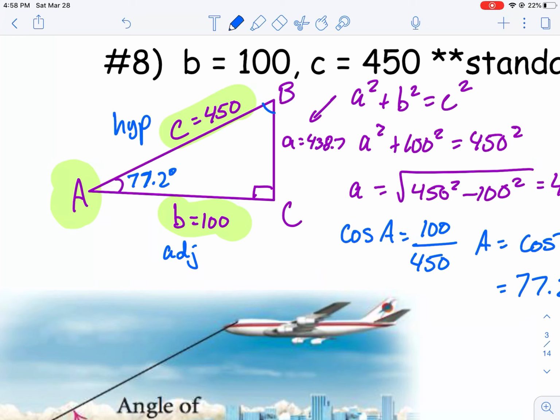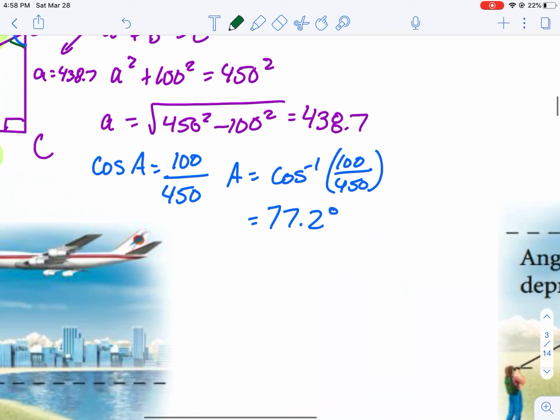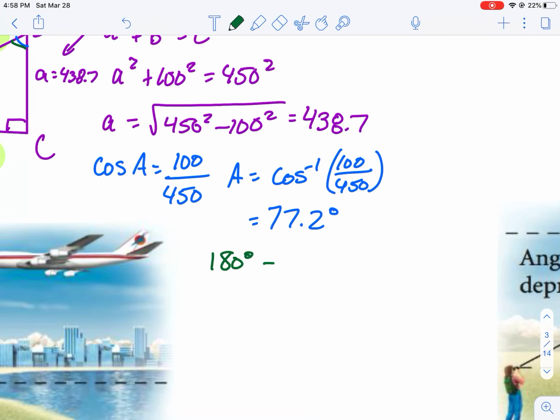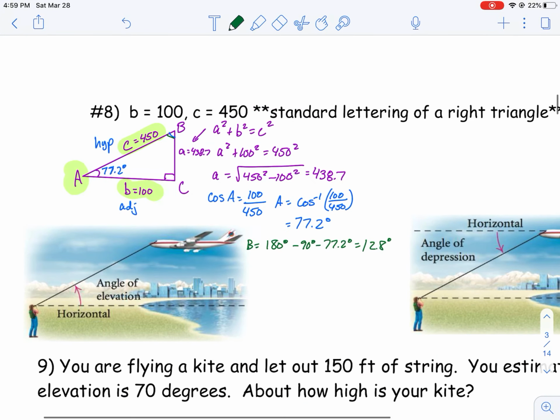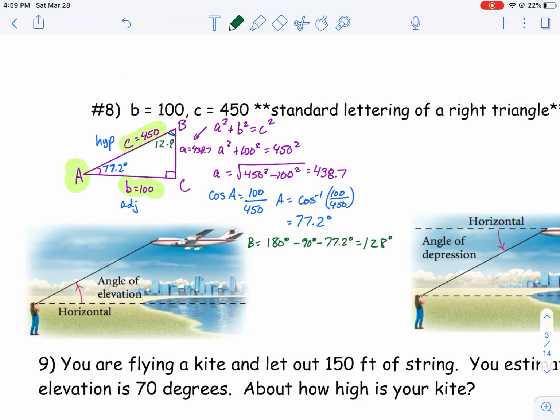You could do another trig function, or we can just take 180, so it's 180 degrees in a triangle, subtract 90, subtract 77.2, and that will give me angle B. And that is 12.8 degrees. And so we see that angle B is 12.8 degrees.